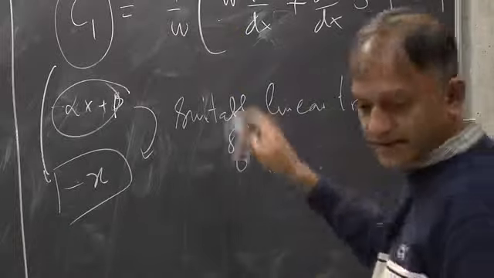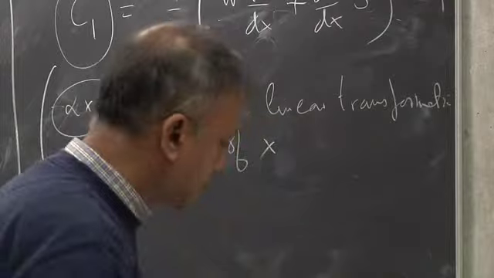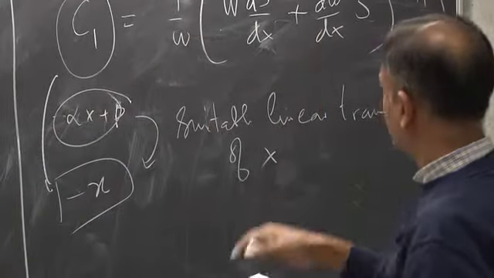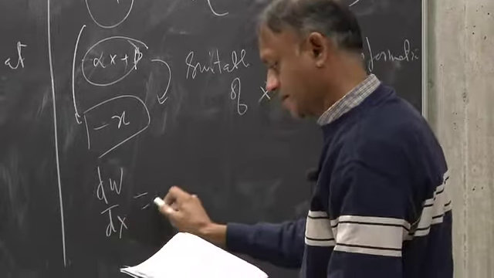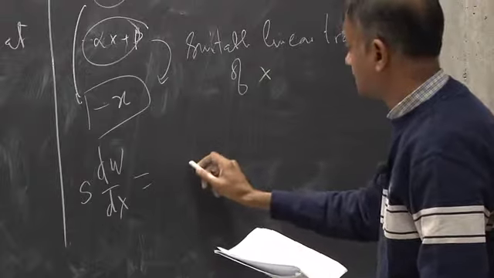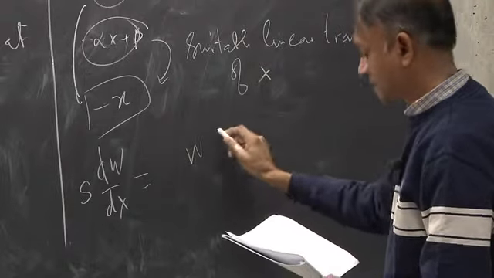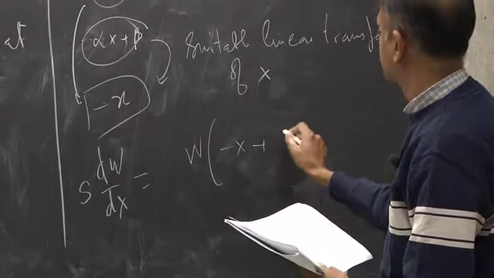Okay. So let's rewrite this as an equation for dw by dx. You find dw by dx times S is equal to w times C1, which is minus X, plus ds by dx.